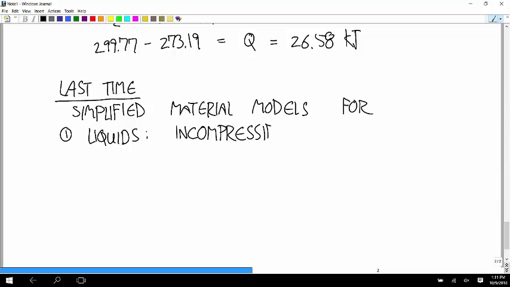That can also be used for solids, but we won't do any solids. And second, for vapors, for gases, and that was the ideal gas law.